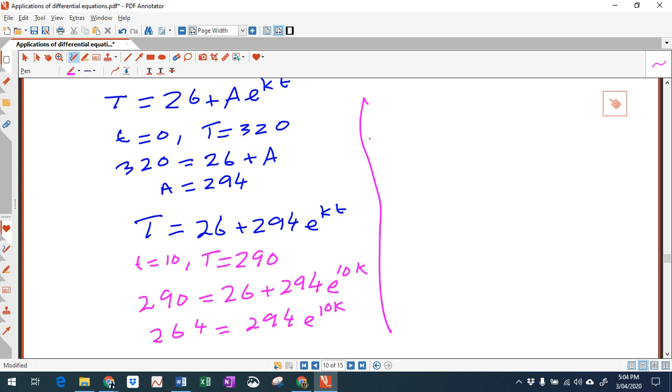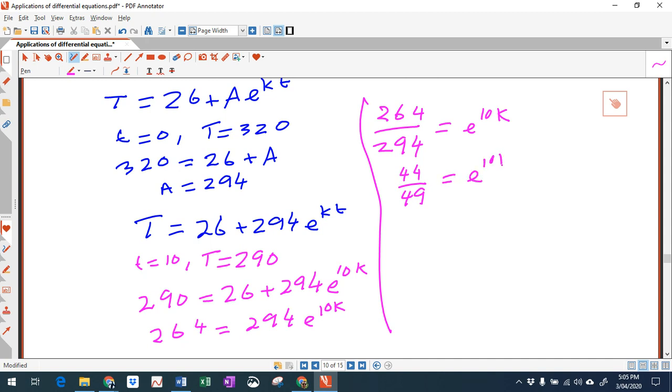So the next line will be 264 on 294 is equal to e to the 10k. Now that's going to be 44 on 49. 44 on 49, and that's equal to e to the 10k.